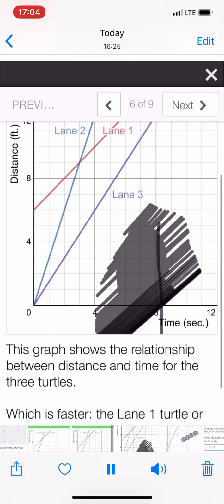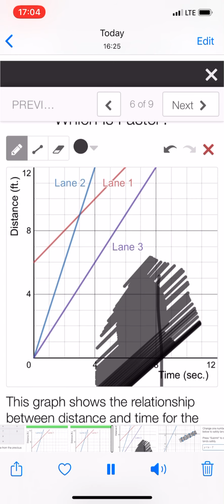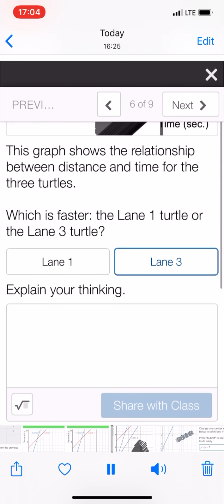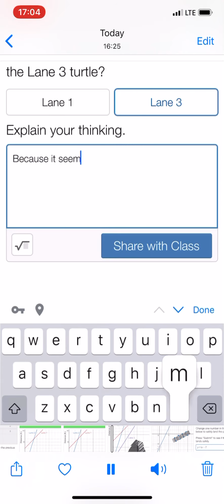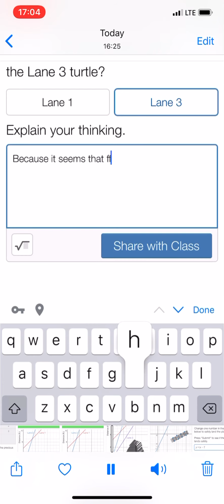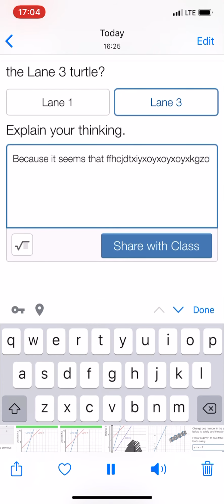Now we've got that third turtle graphed, and we can say which turtle is the fastest turtle looking only at the graph. And we can say, looking just at the relationships that we've graphed, lane 3 turtle, Donatello. Why? Because it seems that... and then I can share that with the class if I would like to, if I'm outgoing and a student that is comfortable, looking for perhaps other students to agree or disagree.